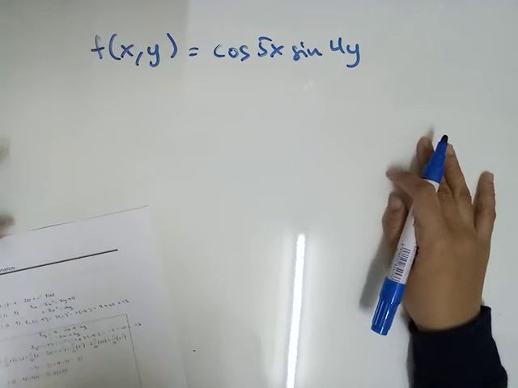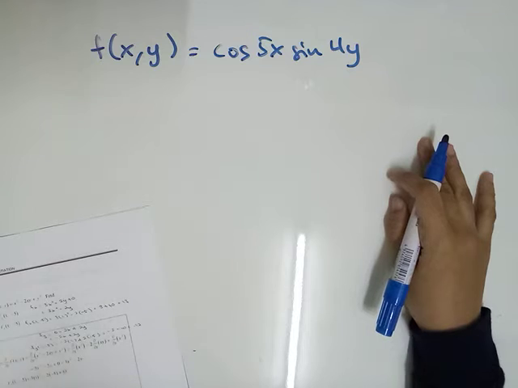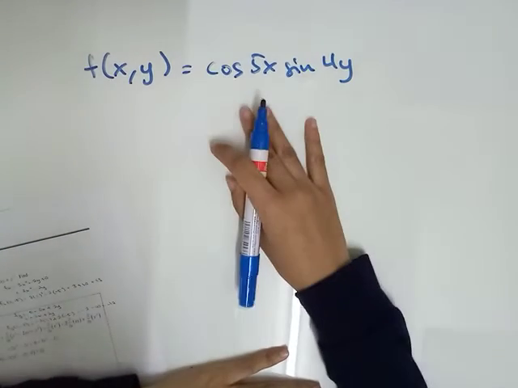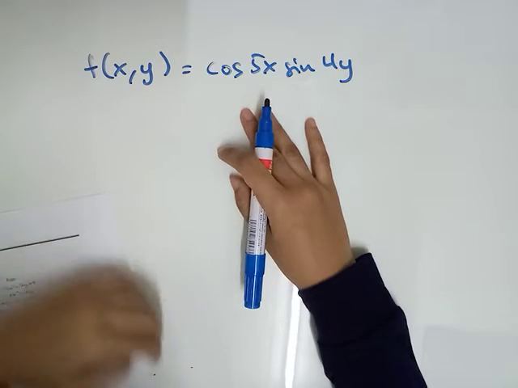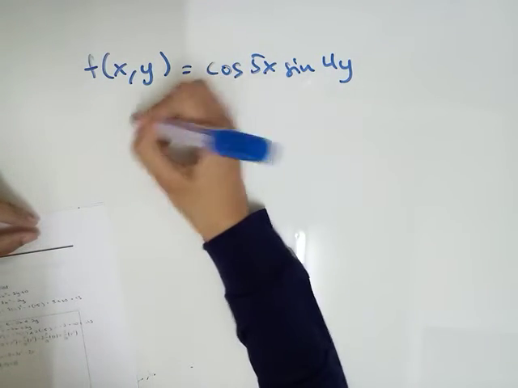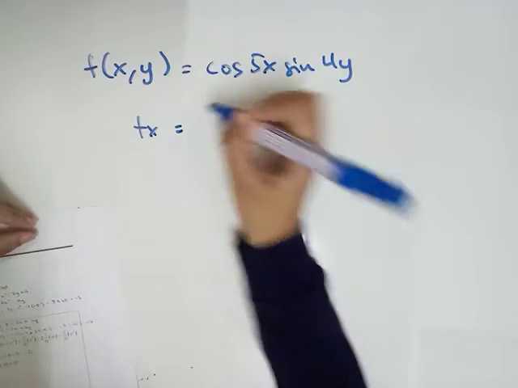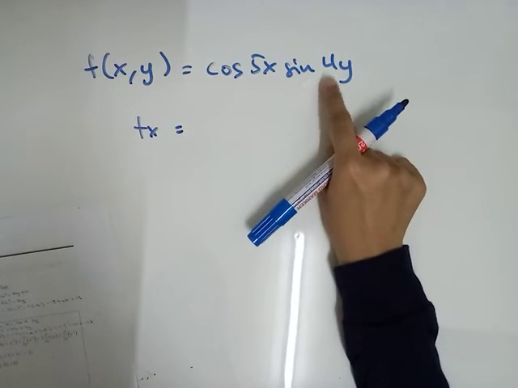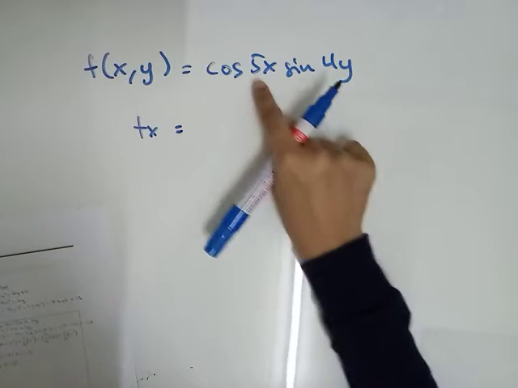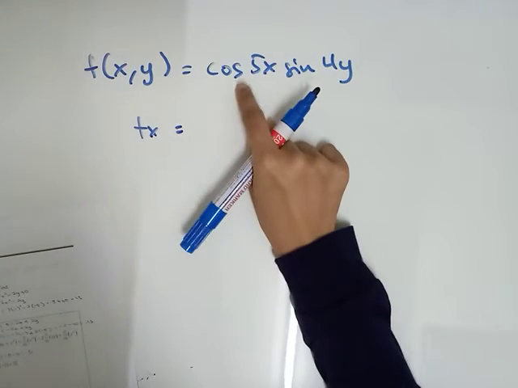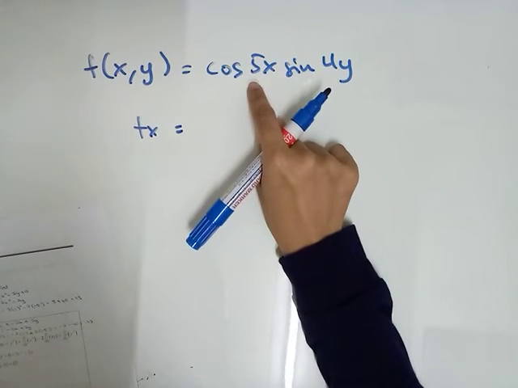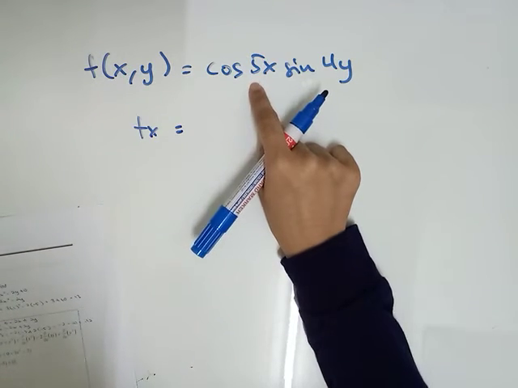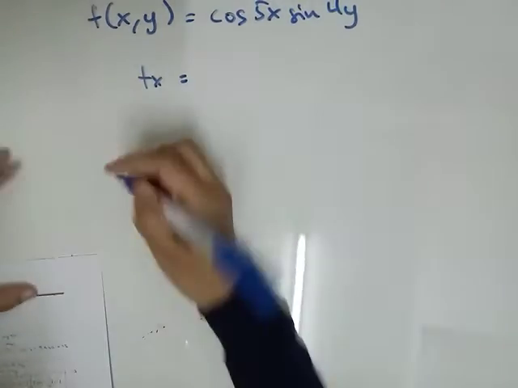So we need to differentiate with respect to x and y. So how to differentiate this one? To find the partial derivative with respect to x, the variable y, sin 4y, is a constant, because this is multiplied. So we need to differentiate the variable of x only, cos 5x only. Okay, I give you an example.